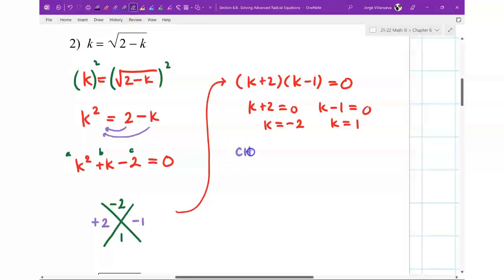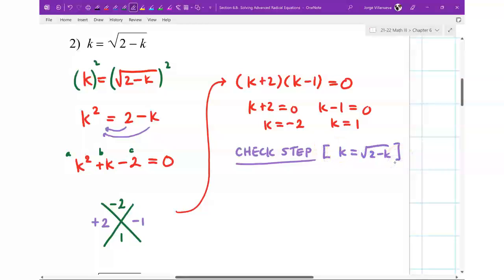This is my check step. I'm going to call it the check step. All right. I'm going to plug in negative 2 first into my original equation. If you want, I'll write my original equation right here so that we know what we're doing. There's the original equation right there.